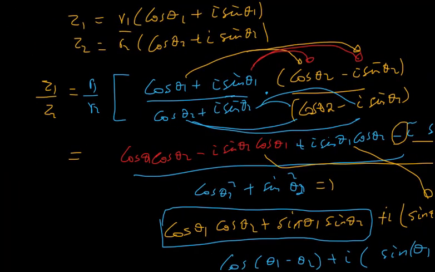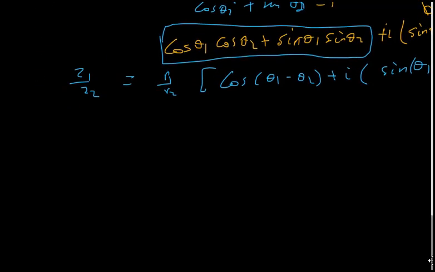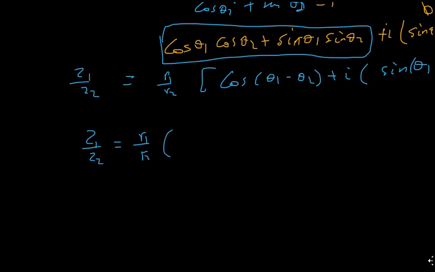Again, we have r1 over r2 times this, which is the same as z1 over z2. So finally the quotient of two complex numbers is the quotient of their moduli times cosine of theta 1 minus theta 2 plus i sine of theta 1 minus theta 2.